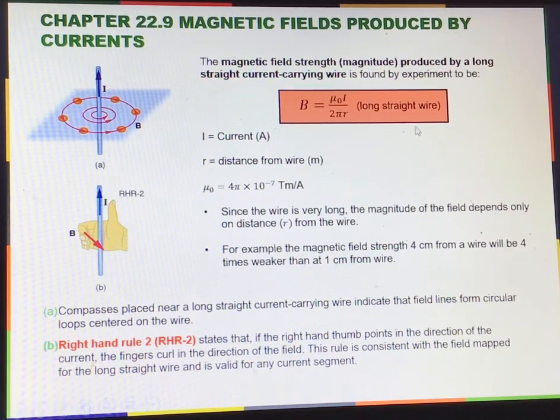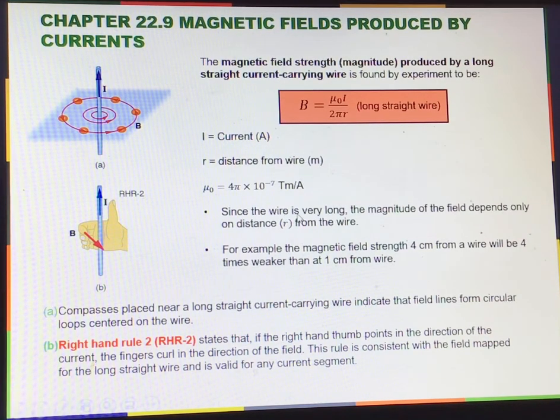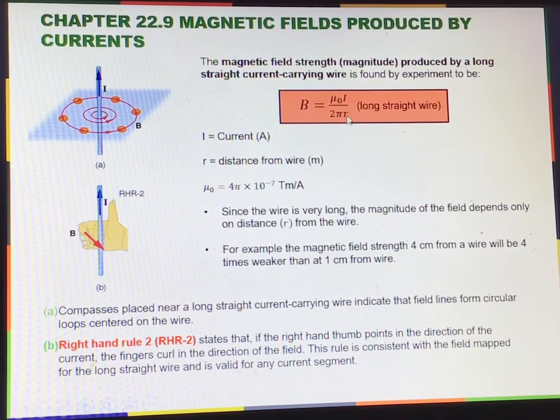So this equation is only going to work if we assume that the wire is a straight wire that is very long. And we notice that the magnitude of the field only depends on the distance from the wire. So again, if you think about this equation, you can see that the strength of the magnetic field is going to reduce as the distance increases.